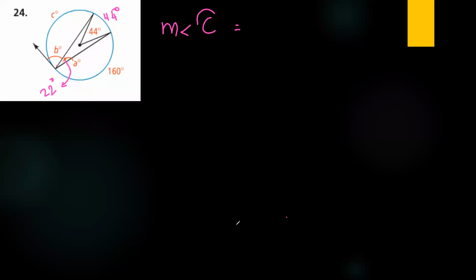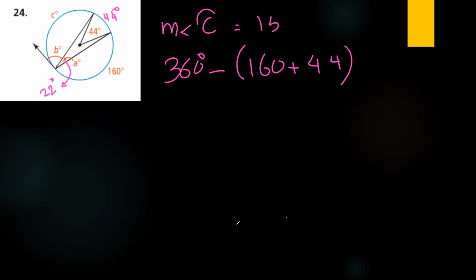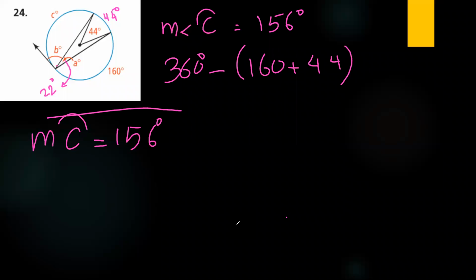Okay, so 360 minus the sum of 160 and 44 will be the measure of arc C, which is 156 degrees. So the measure of arc C will be 156 degrees, and the measure of angle A is 22 degrees.